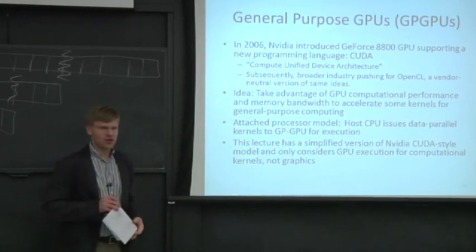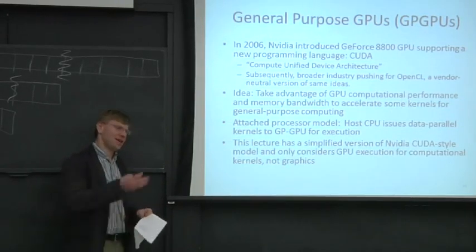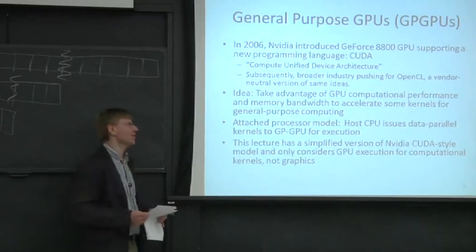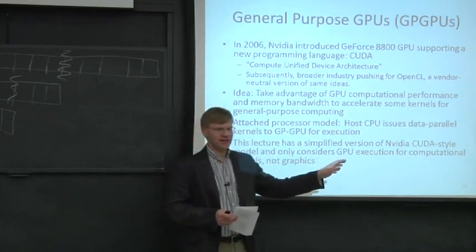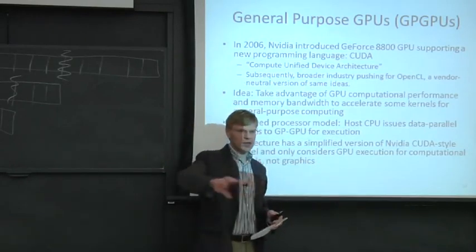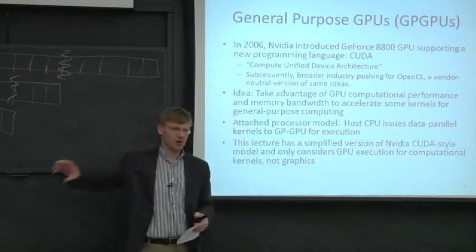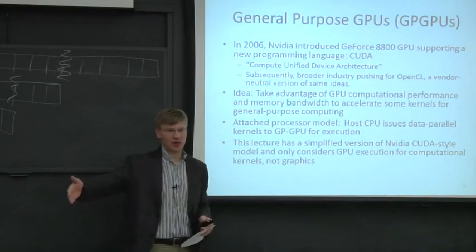But first of all, I wanted to point out some differences between a GPGPU and a true vector processor. In a GPGPU, there's a host CPU, which is the x86 processor in your computer. Then you go across the bus, the PCIe bus or AGP bus, out onto a graphics card.